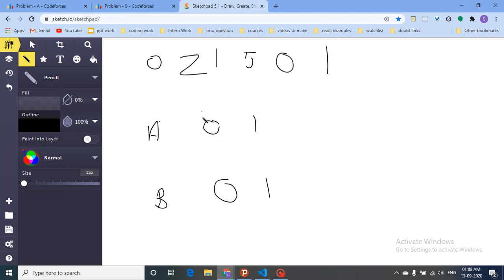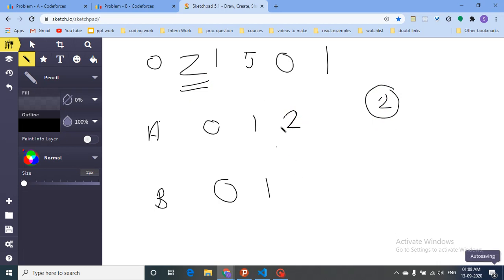If I just leave this set as it is, then the MEX of this is 2, so I'm increasing the MEX of A as well as B. Now there is only one 2.